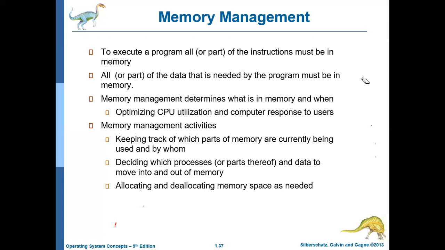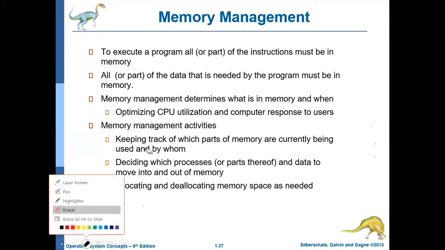To improve CPU utilization and to increase the computer response time, generally more than one process will be in the main memory. And as there is more than one process in the main memory, we need some mechanism to manage memory. There are different mechanisms available for memory management. Depending on the hardware we are using and the requirement, different memory management schemes can be used.